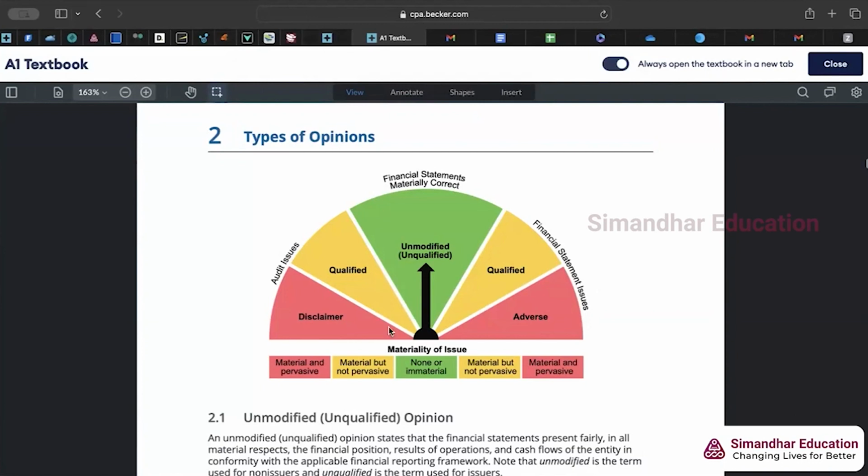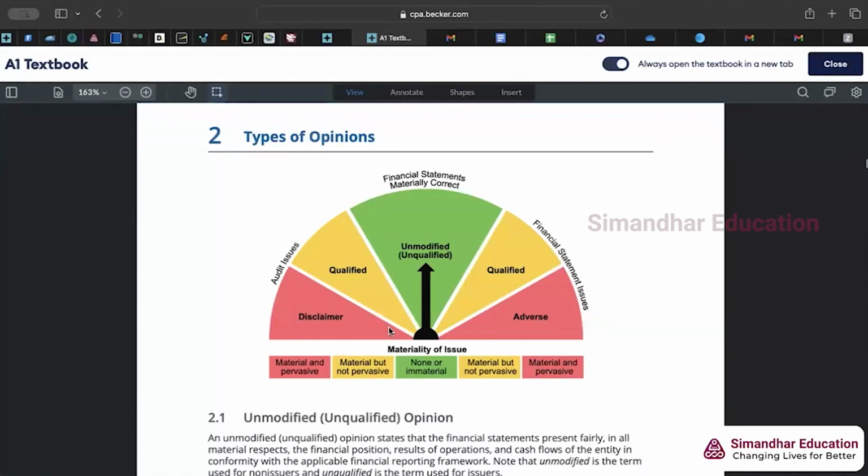All right. This is about financial statements related issues. We'll go through the text in the textbook. Let me talk through and make you understand what the issues look like. Now, same example, laptops. It is material but not pervasive.